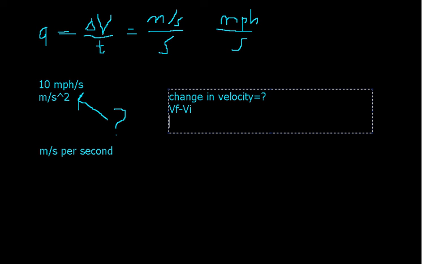Because if I start off going at 20 miles an hour, and by the time I'm done my final velocity is 60 miles an hour, well then that means that my change in velocity, the amount that I speeded up, was 40 miles an hour, right?